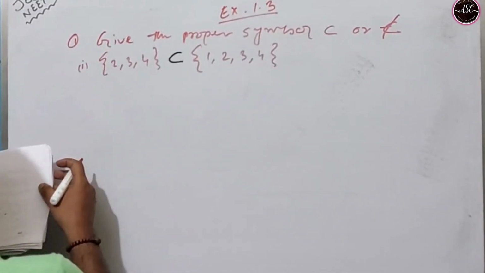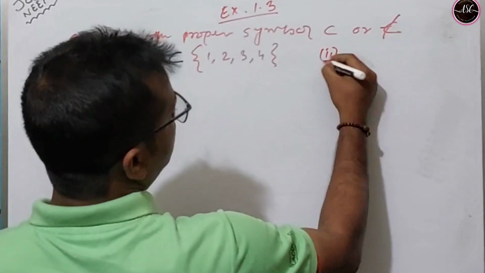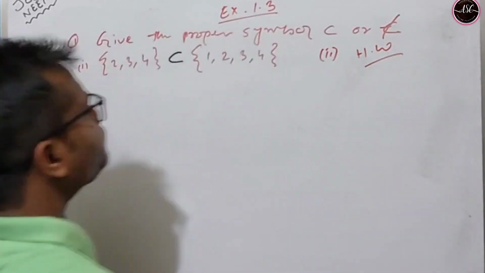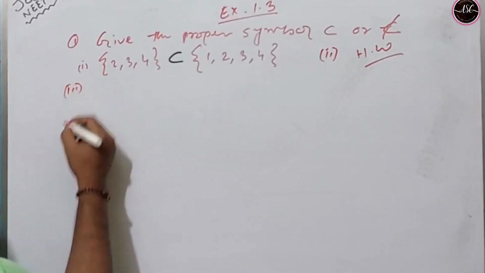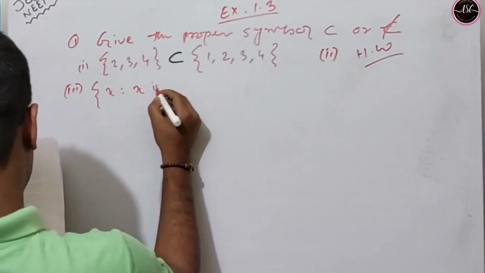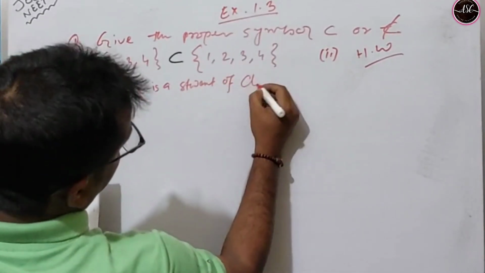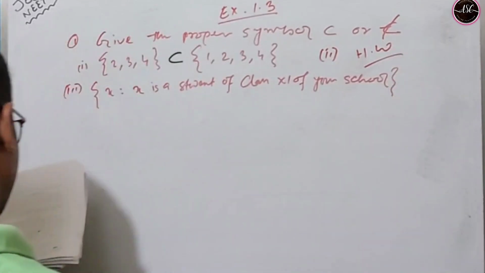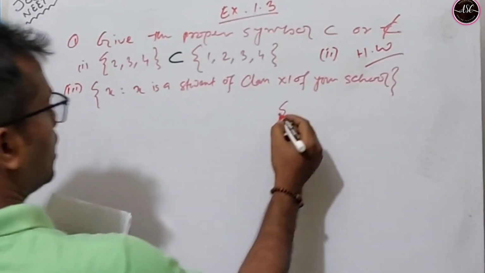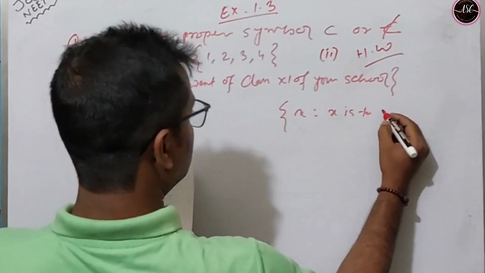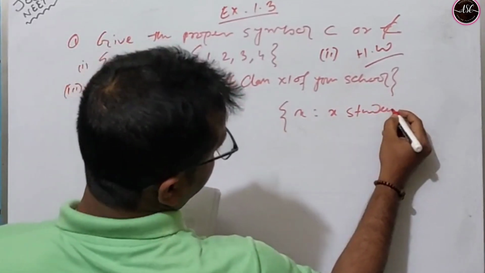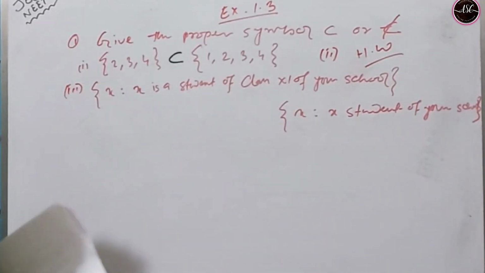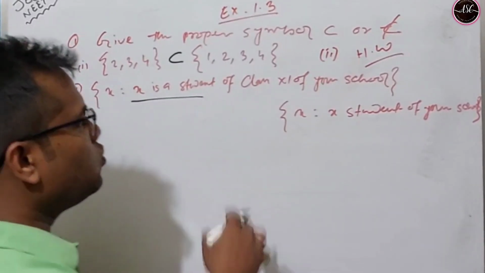Next question is the same pattern. The next question is homework. Now the third question: X is a student of class XI of your school, and the other set is X is a student of your school.